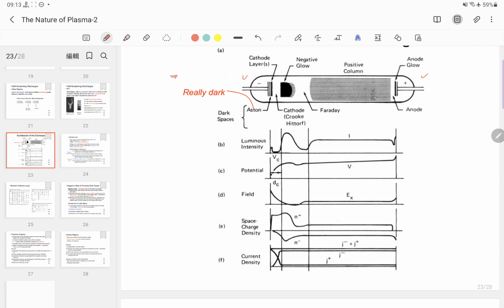And in the DC glow discharge chapter, Chapman, the author of the textbook Glow Discharge Processes, used an example to realize what the important parts in DC glow discharge plasma are.